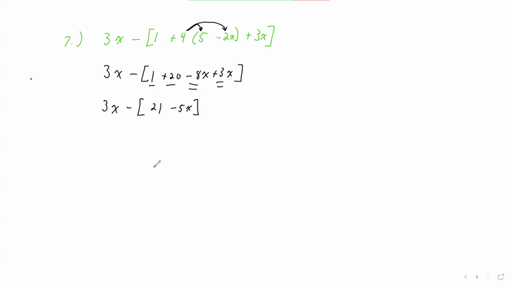Now we basically have a simpler version of what we were just doing. So what is 3x minus negative 5x?